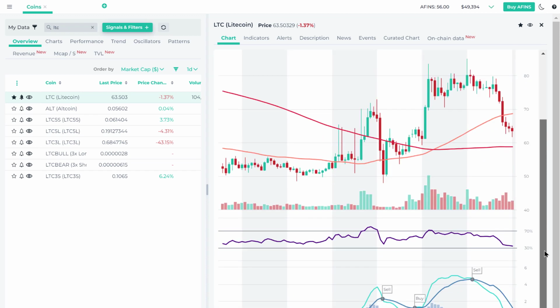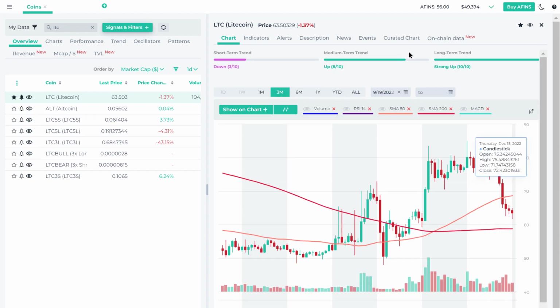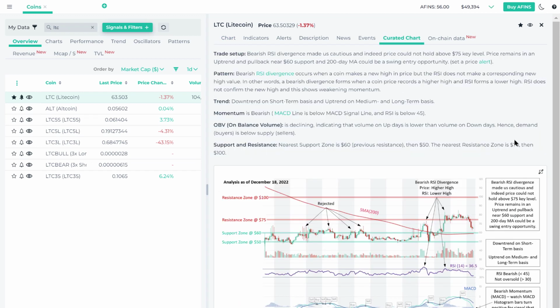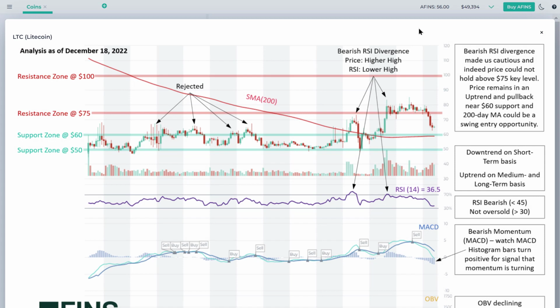But the RSI divergence that I'm talking about, we actually have it in a curated chart illustrated. This is a great tool for traders to find trading ideas, is to look at our technical analyses that we do for about top 50 coins.